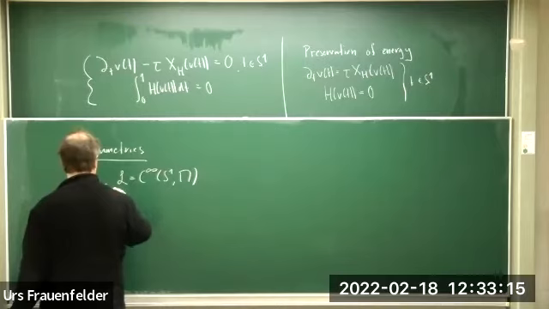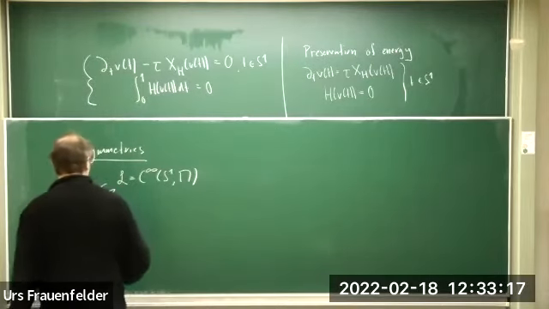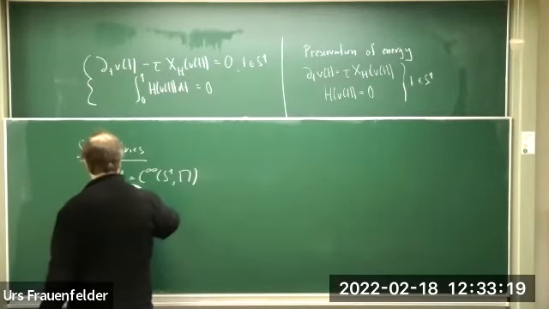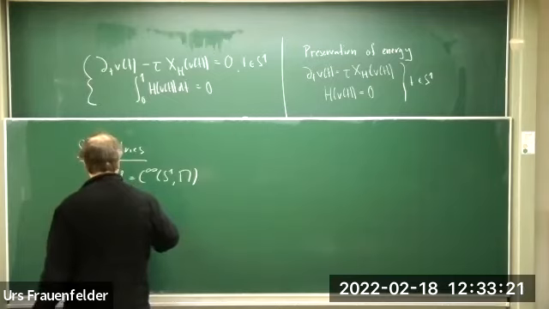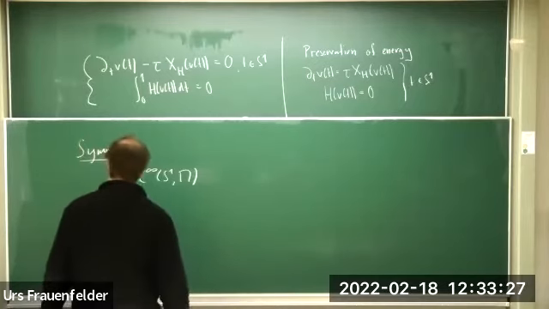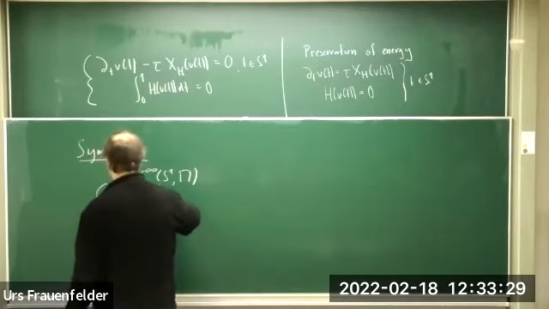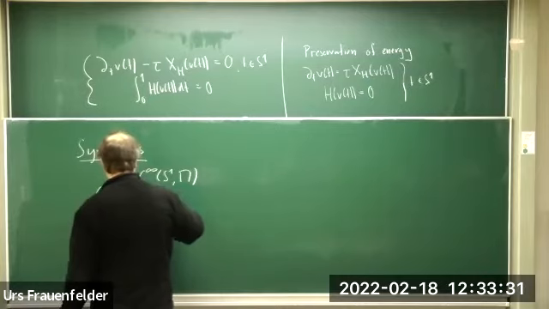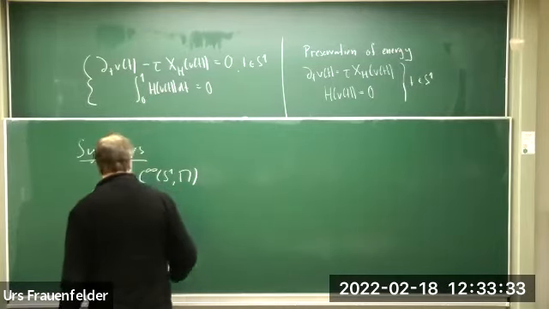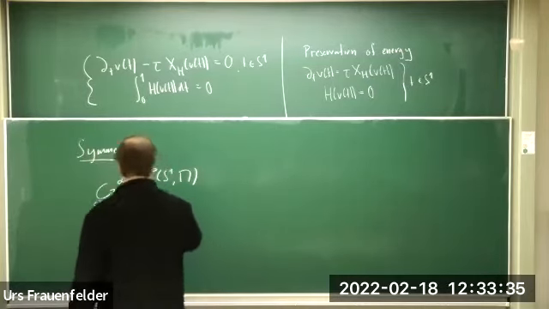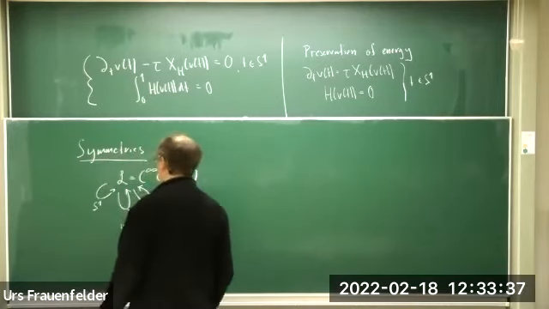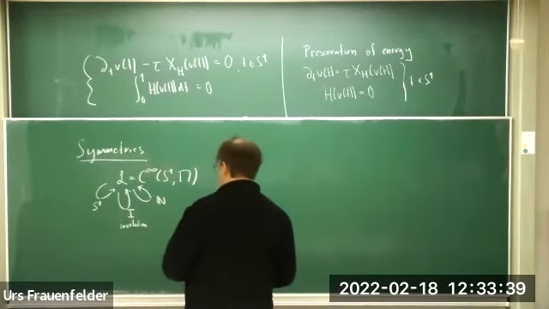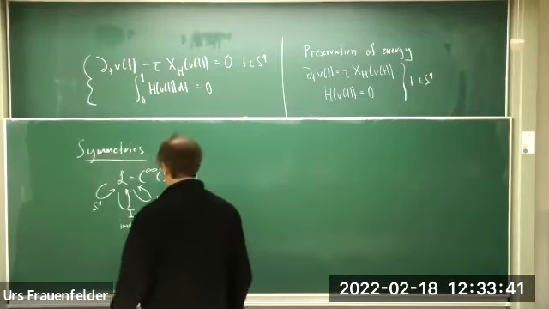One is the S1 action. Then we have the involution. And then we have something a bit special. It's not actually a group, but it's kind of a monoid. The monoid N is also acting on this free loop space.